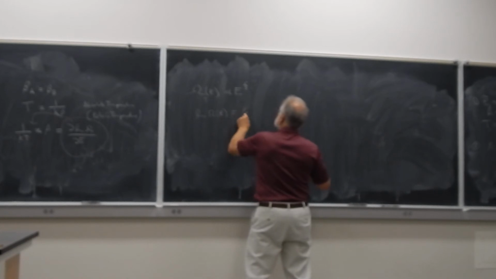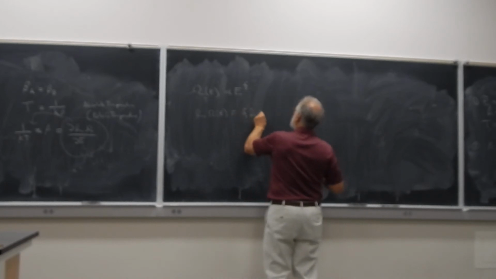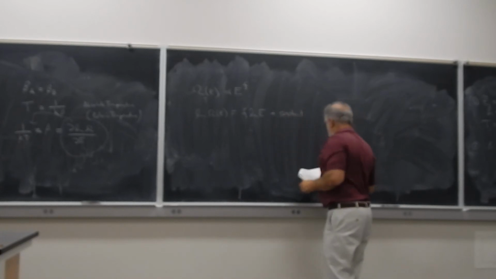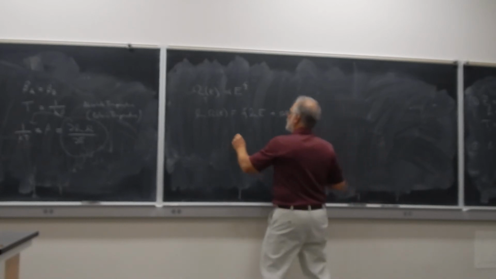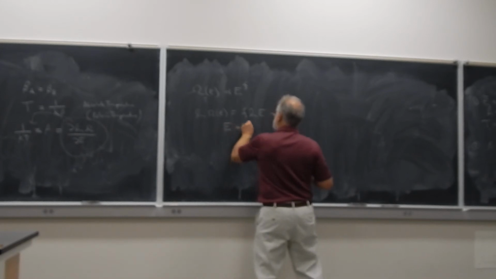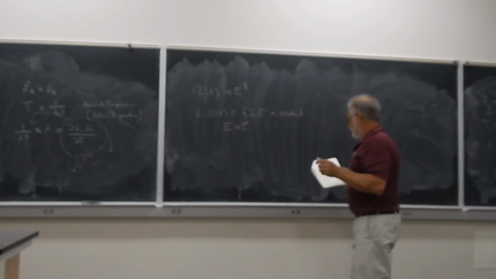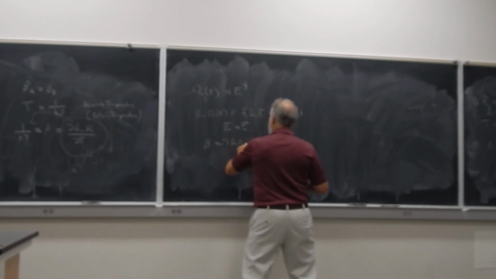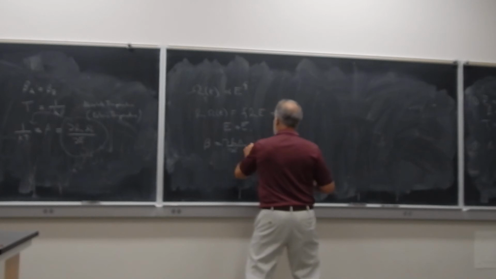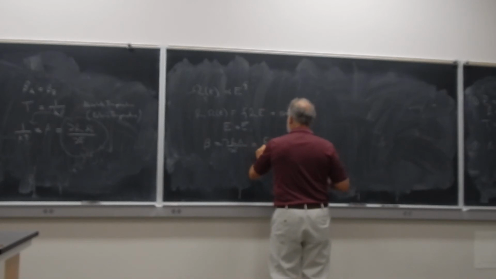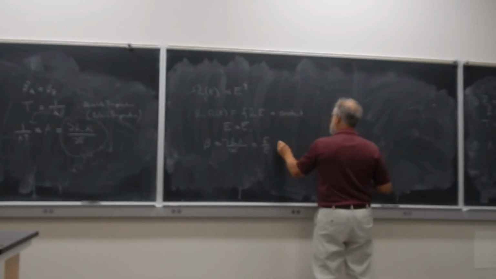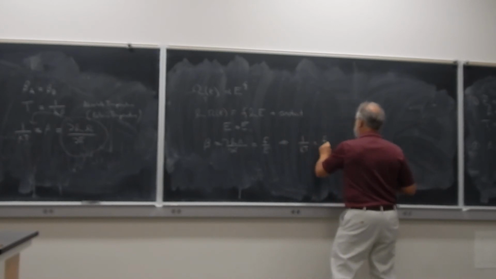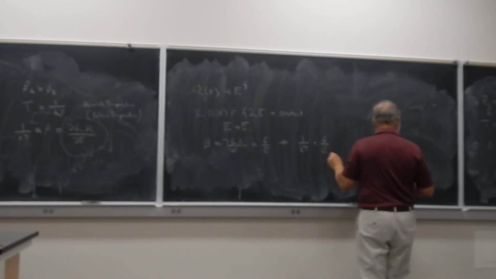I can write that as F times the log of energy plus a constant to relate to the proportionality, so that when the energy is at its maximum value, in this case the mean energy of a large system, we can say that beta is equal to d log omega dE, roughly equal to F over E, which says 1 over kT is equal to F over E, number of degrees of freedom over the energy.